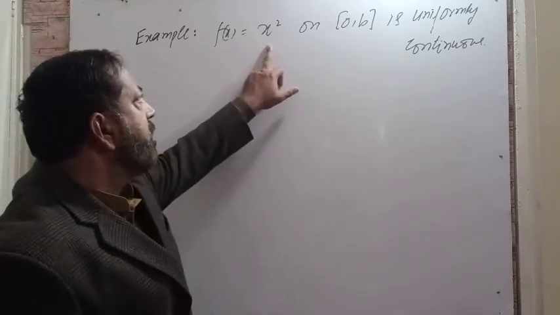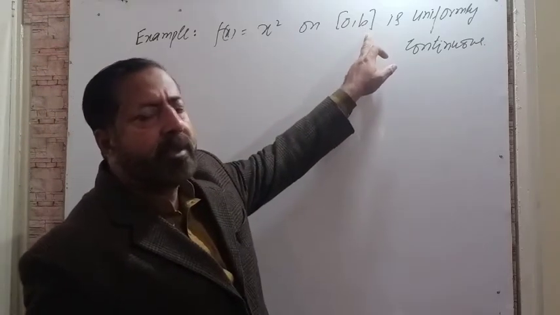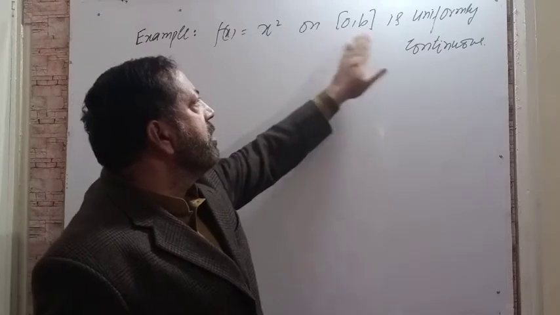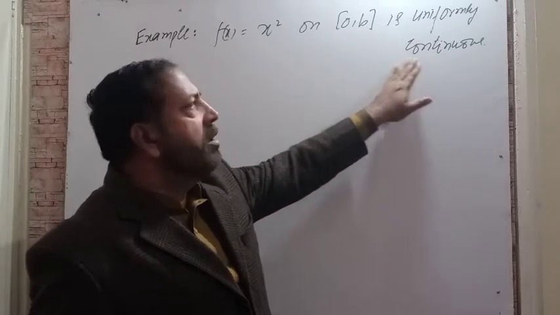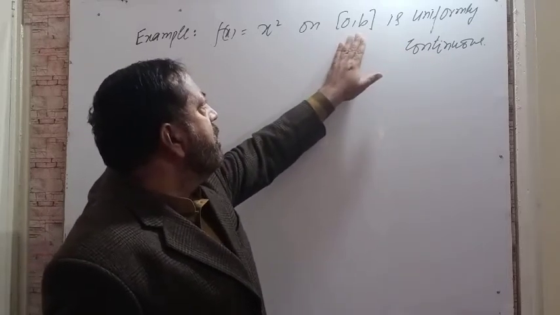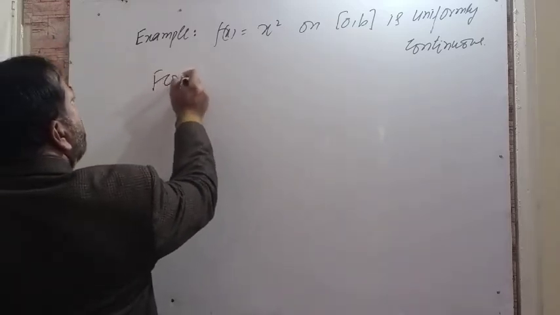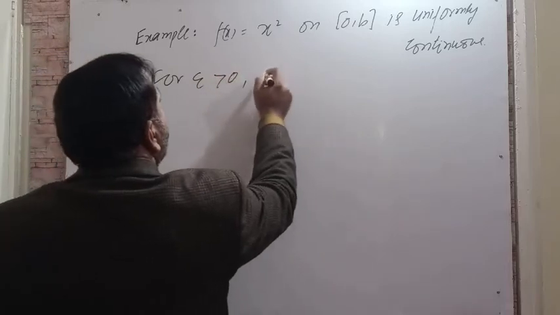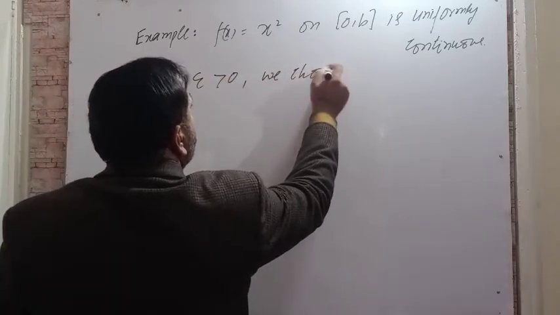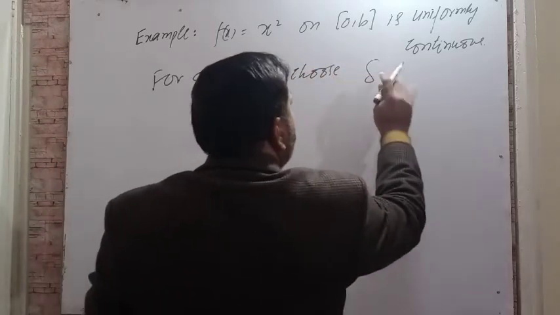f(x) = x² on [0, b], whatever b is, is uniformly continuous. It's a closed interval. So for epsilon positive we choose delta.